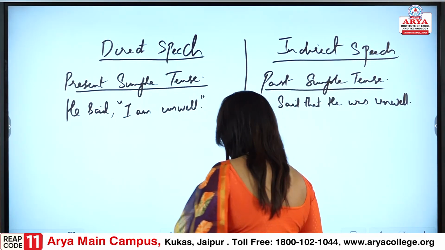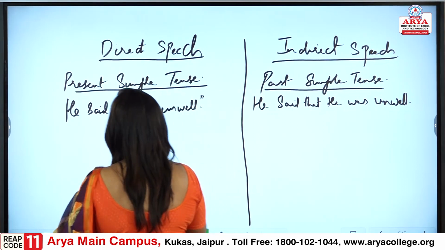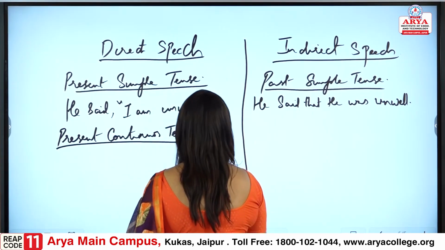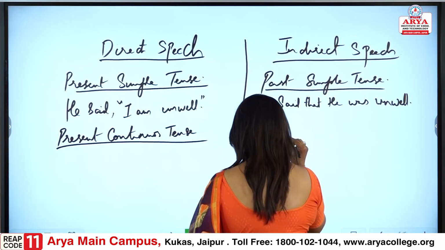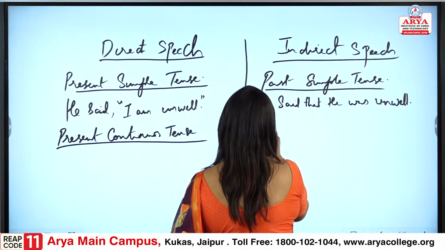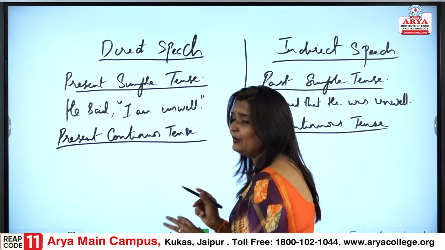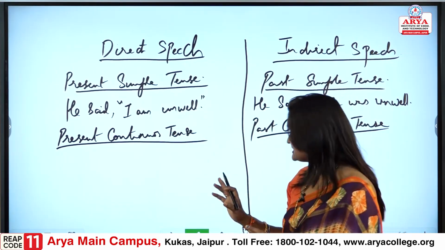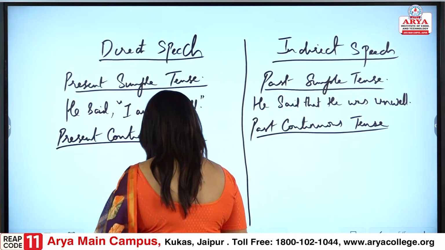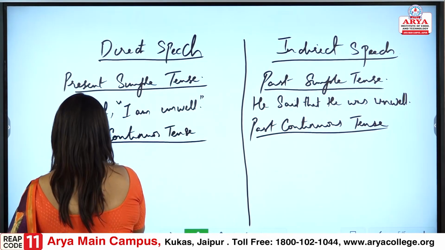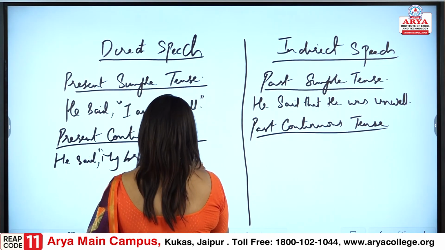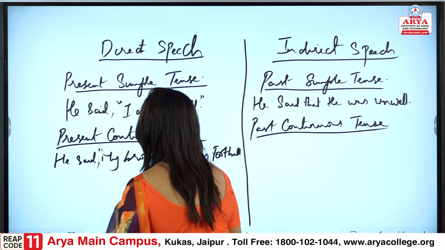Next, let us look into present continuous tense, and over here past continuous tense. Now let us have a better understanding of how it happens. He said my brother is playing football.